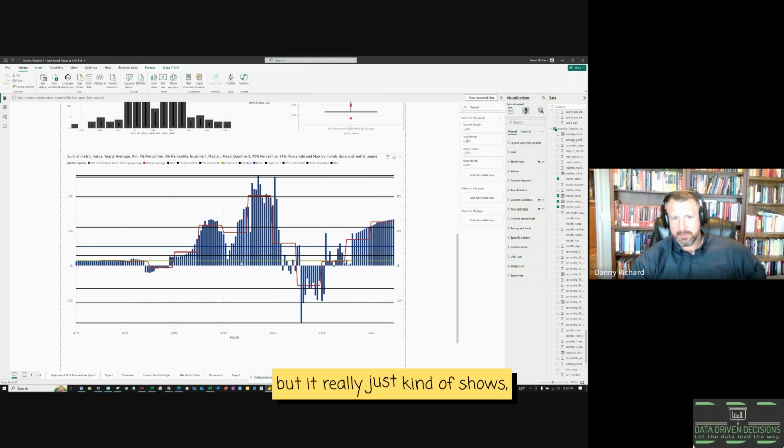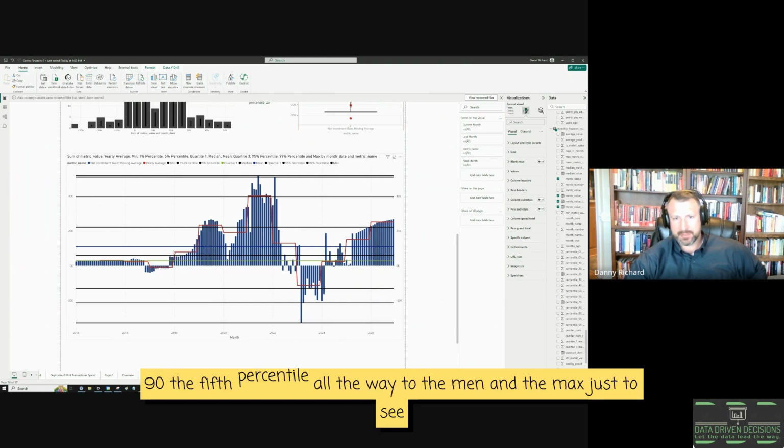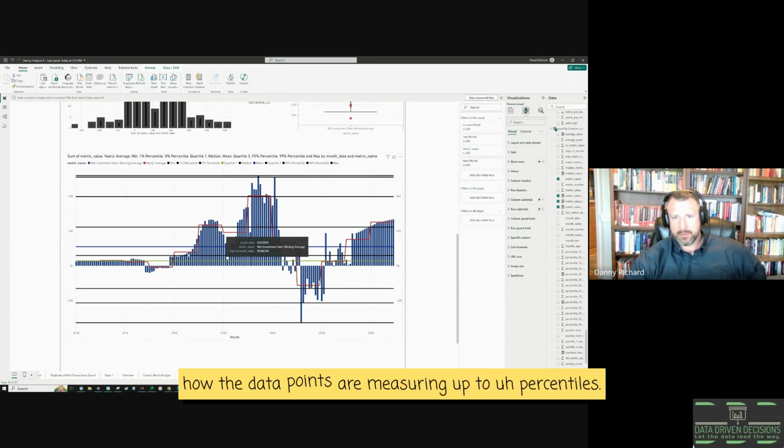But it really just shows what the yearly average was, and then you see all these horizontal lines. That's all the percentiles, the median, the mean, the 20, the upper quartile, the 95th, 90, and the 5th percentile, all the way to the min and the max, just to see how the data points are measuring up to percentiles.